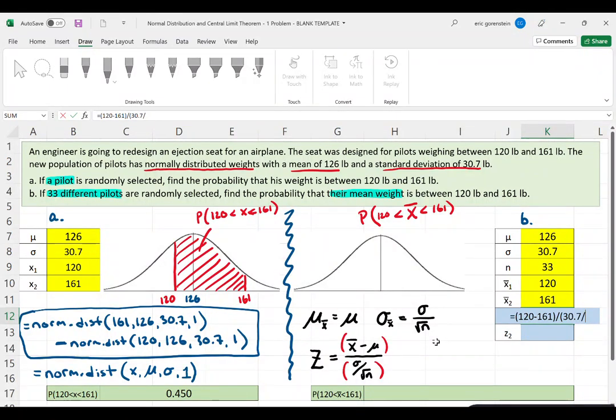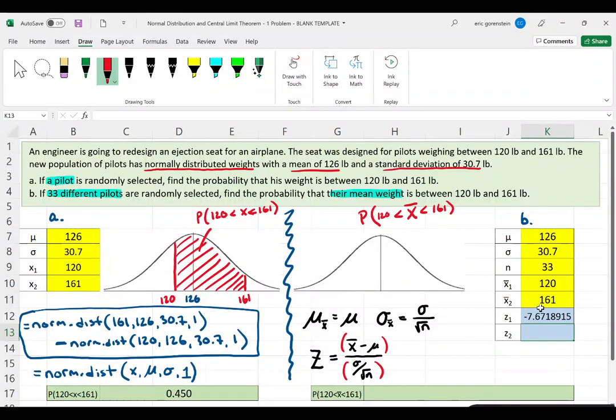The Excel function for square root is sqrt, square root of 33, square root of n. All right, so this will convert the first sample mean of 120 to a z-score. And that's a really large z-score in the negative direction.